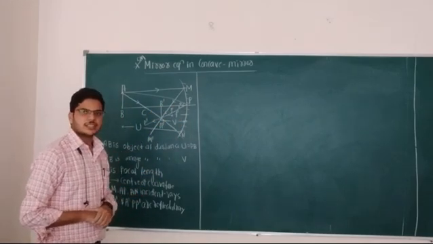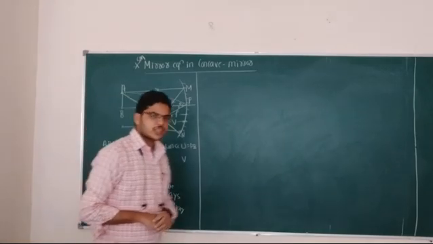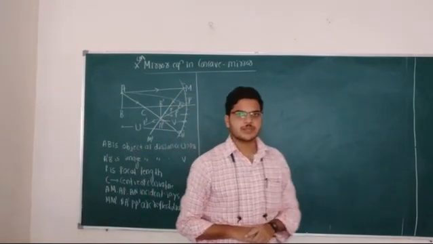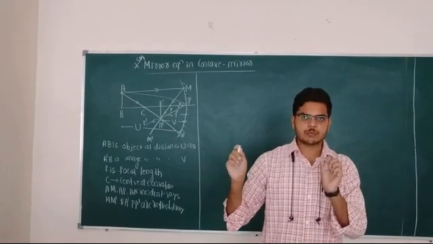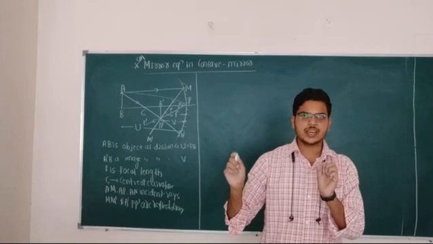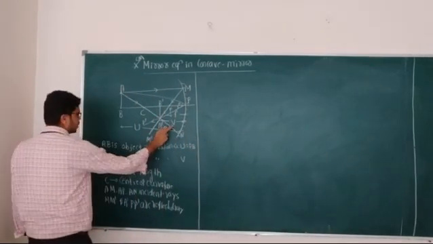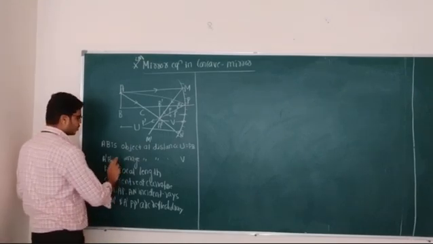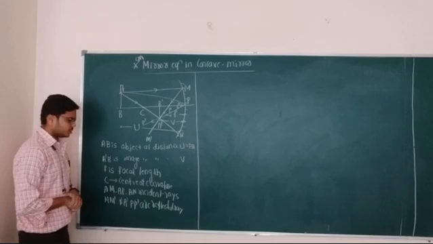That distance is called the image distance. What is the meaning of image distance? The distance between the pole and the image formed. It is denoted by the symbol v. Therefore, here v is called the image distance.